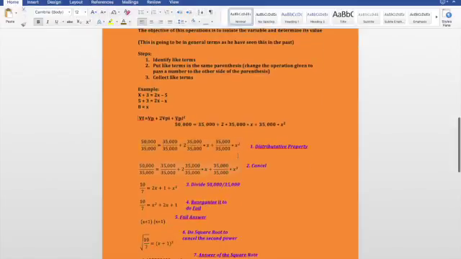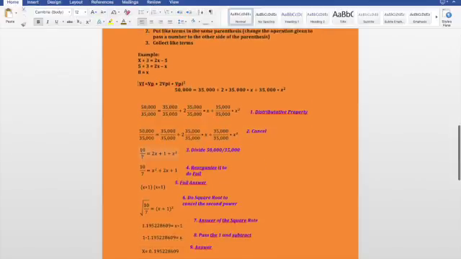When we replace values, we divide by the least common denominator, 35,000. So it cancels values, and we're left with a simple operation. Simplified, 50,000 divided by 35,000 is 10 over 7.